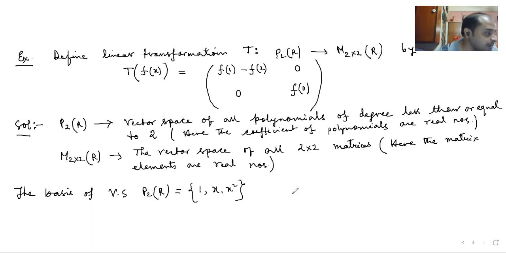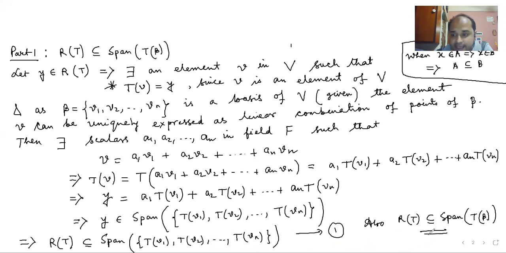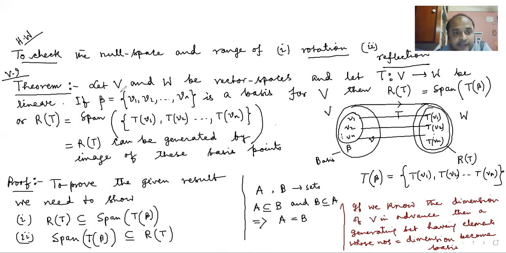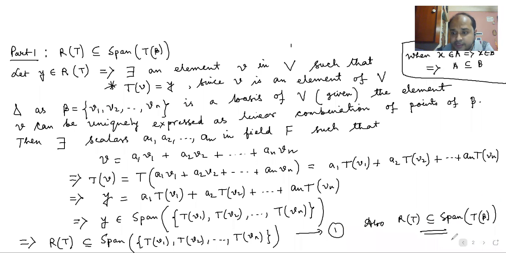What was the theorem saying? If we can find a basis of the vector space, then the range of T can be generated by the span of the image of this basis.